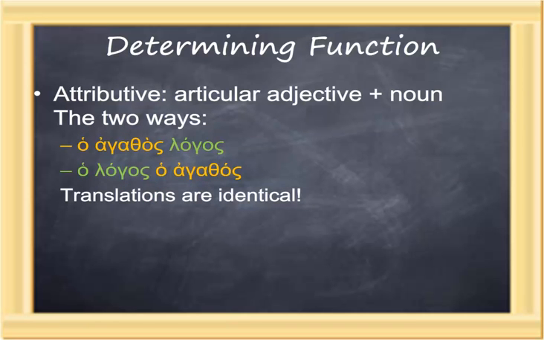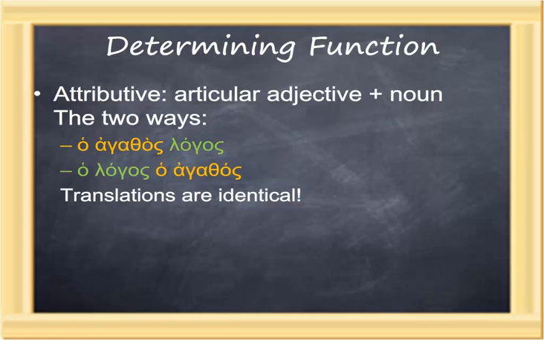The attributive form of the adjective is identified when one has an articular adjective, that is one with an article in front of it, and the noun that it modifies. This will show up two ways in Greek.